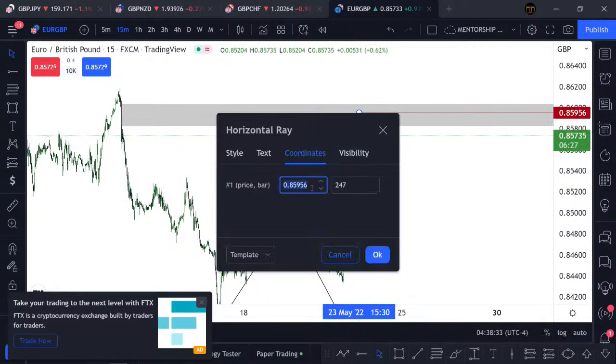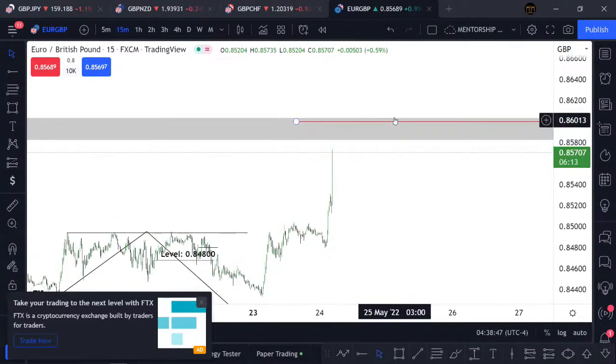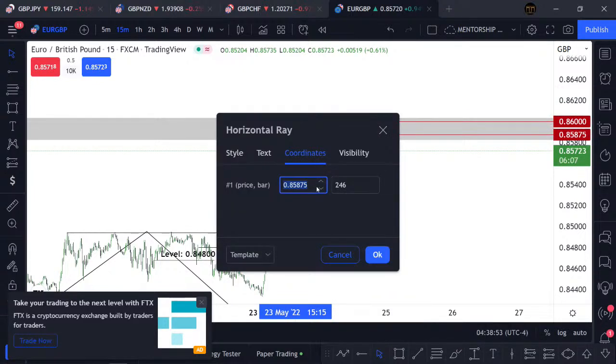So this will be 600. See that level? Let's wait and see if price will trade to this level. Then below that we also have an 80 level.